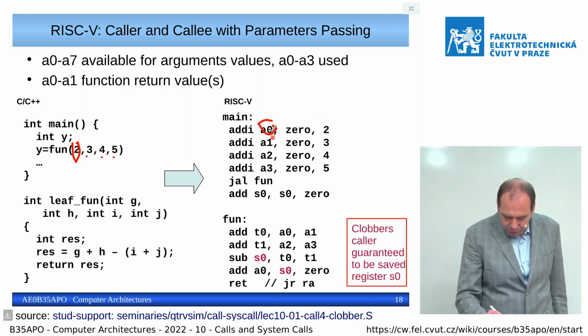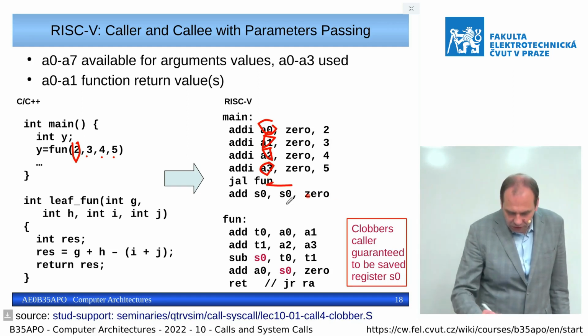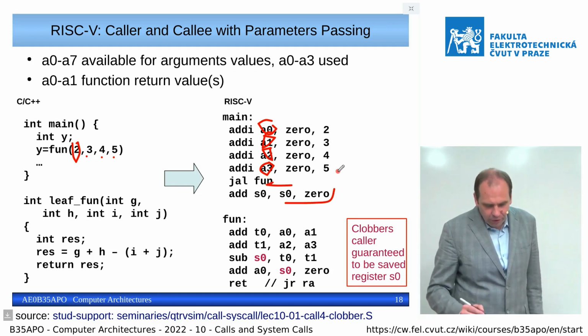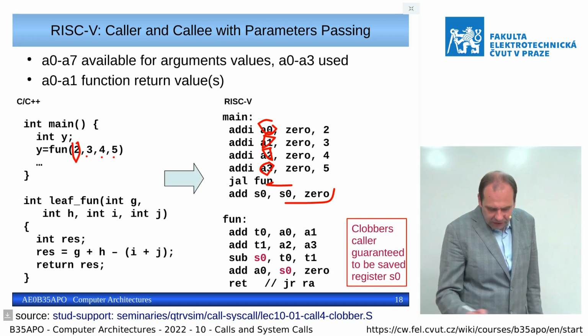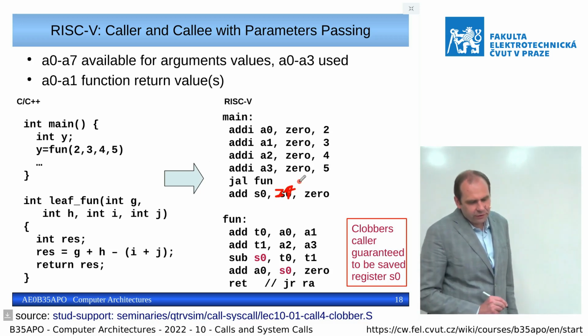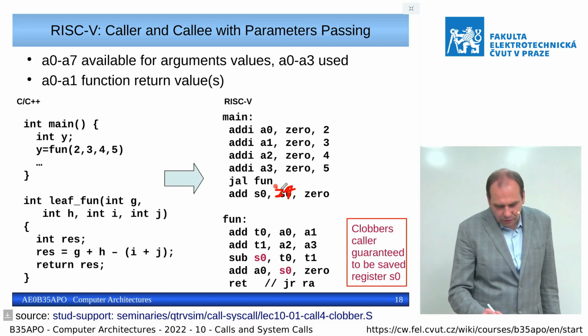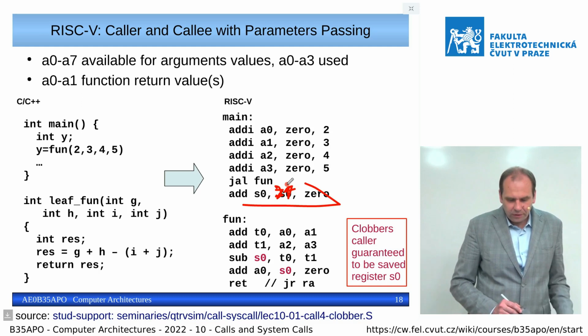So we put the actual values of the arguments to the argument registers, call the function, and then there can be some following instruction. For example, in this case, S0 is probably not a good option. Maybe it can be that it stores the result of the function to the S0. So it would be A0 to S0 and so on. So we can do what we want to do.